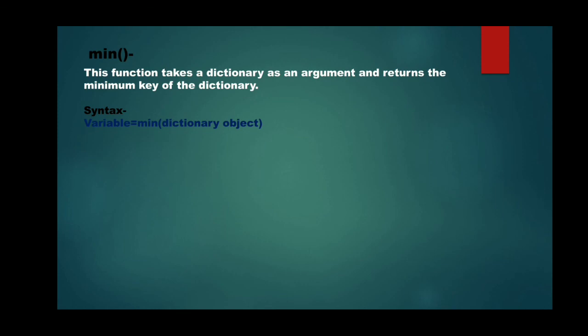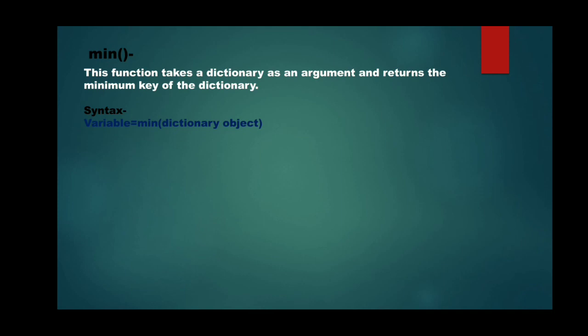Now the next function is the min function. Again, this is similar to your sorted and sum functions. It can work with a dictionary, but it is not a function of dictionary. It is going to take the dictionary object as an argument and return the minimum key of the dictionary, that is, the smallest key of the dictionary.